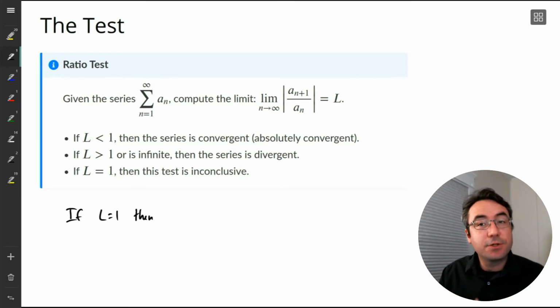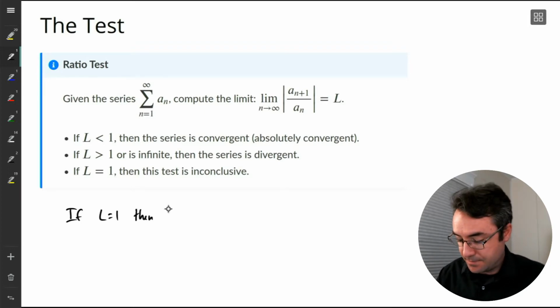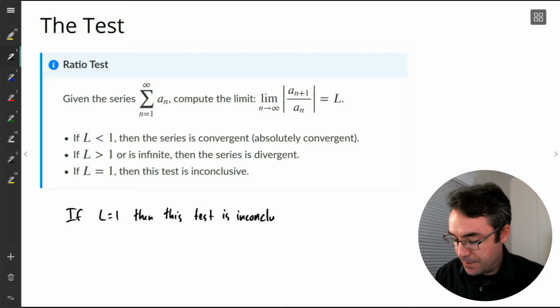It might converge, it might diverge. We just don't know. We don't have enough information. So what we would have to do then is use some other test.